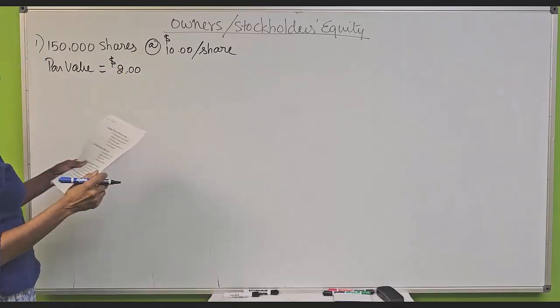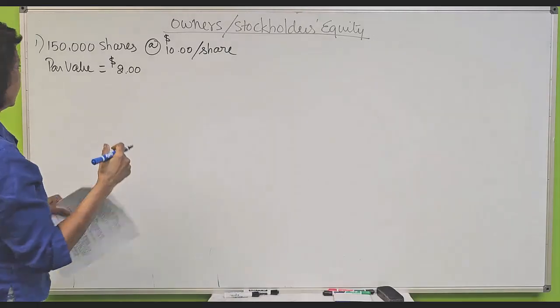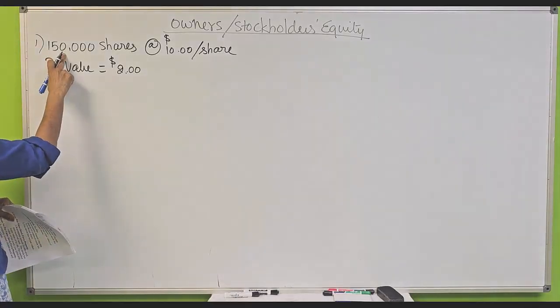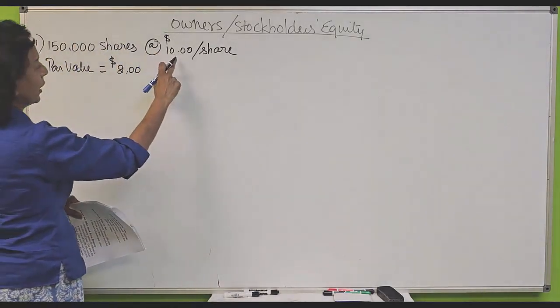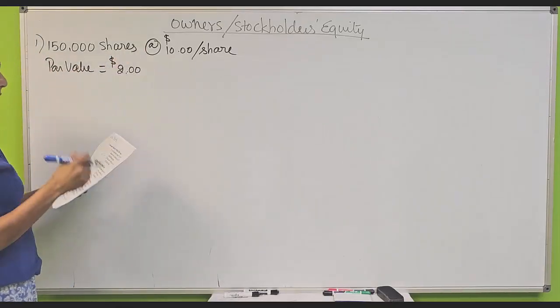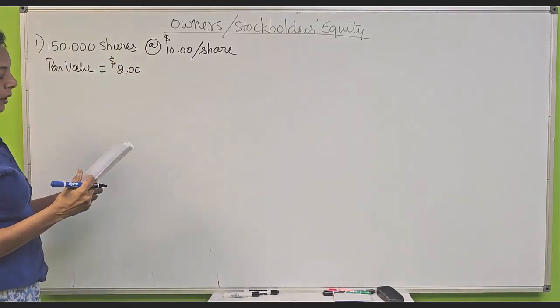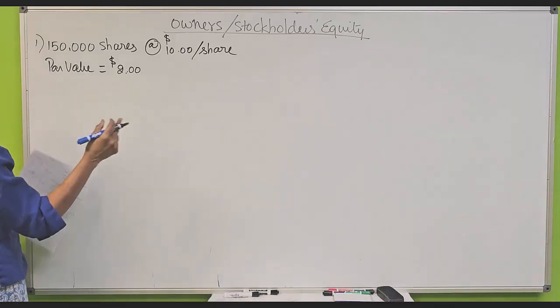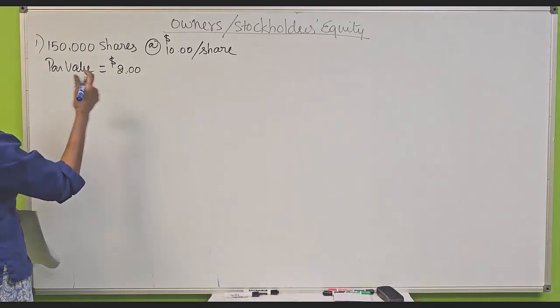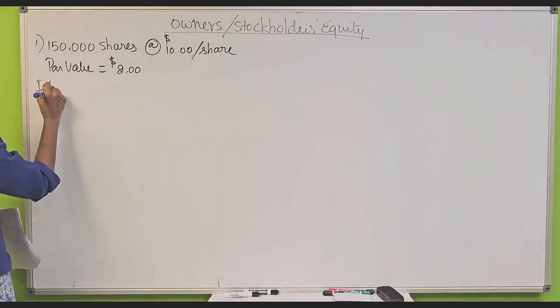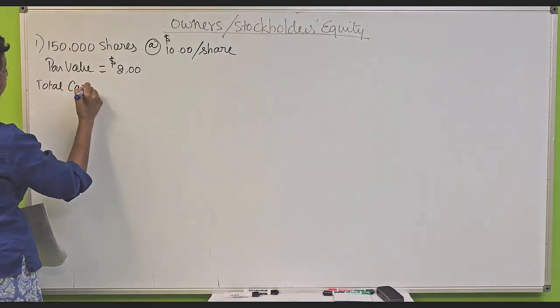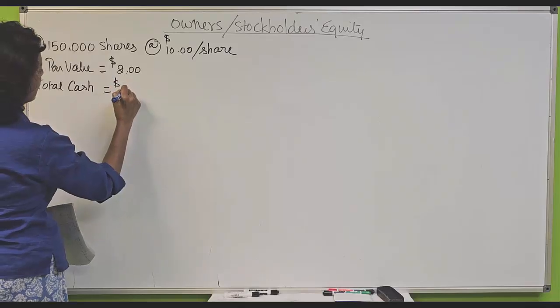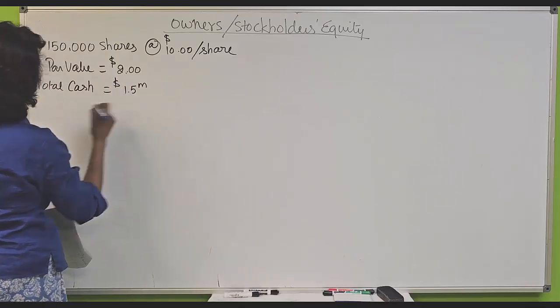So here the total cash coming into the company is 150,000 shares, each is issued for $10. So the total cash coming into the company equals 1.5 million. So, okay, understand folks? So total cash received equals 1.5 million.